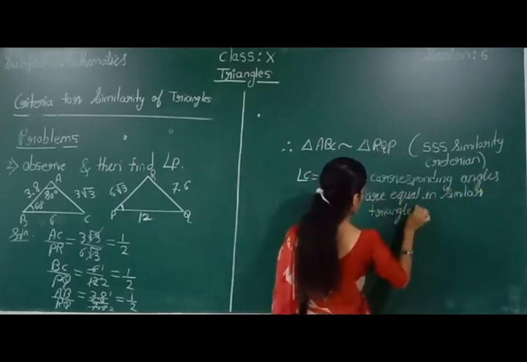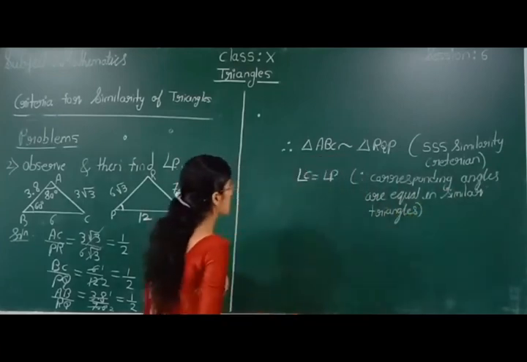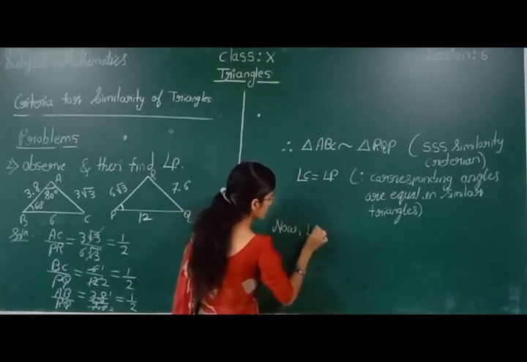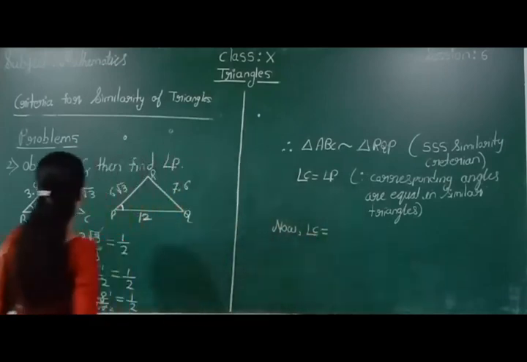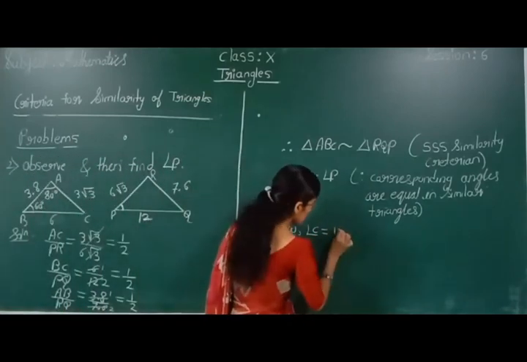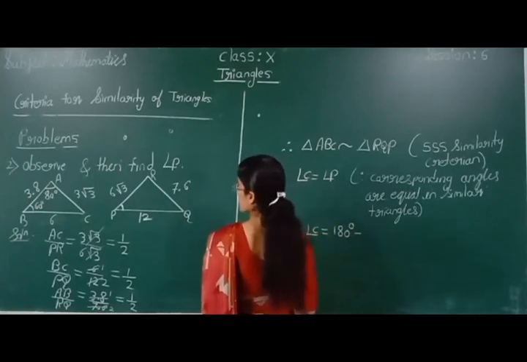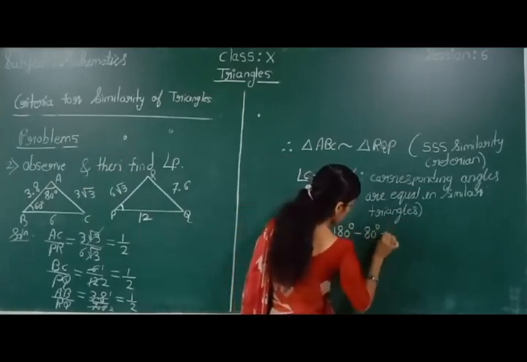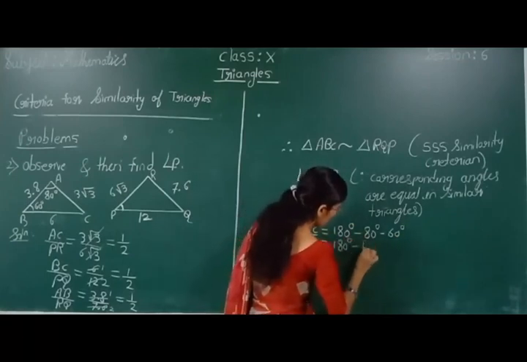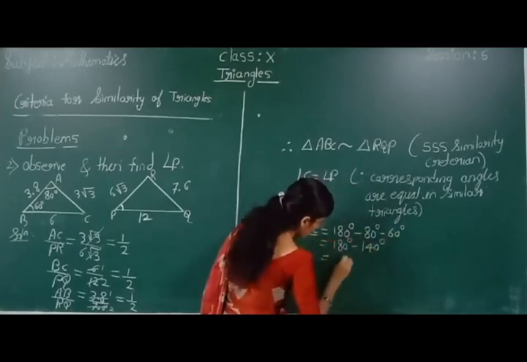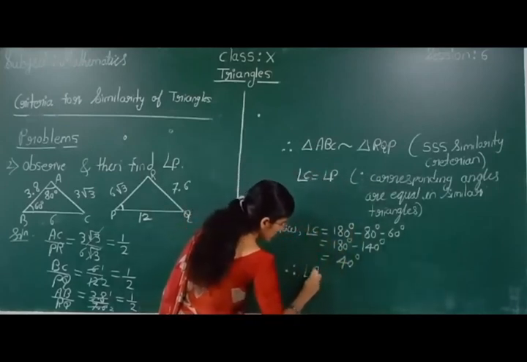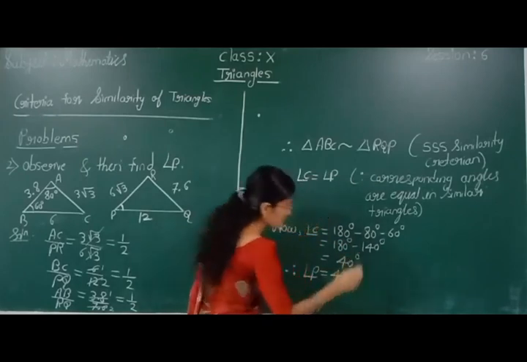Now we will find angle C. We don't know the angle C value. We will use the angle sum property: 180 minus 80 minus 60 degree. 180 degree minus 140 degree is 40 degree. Therefore, angle P is 40 degree.